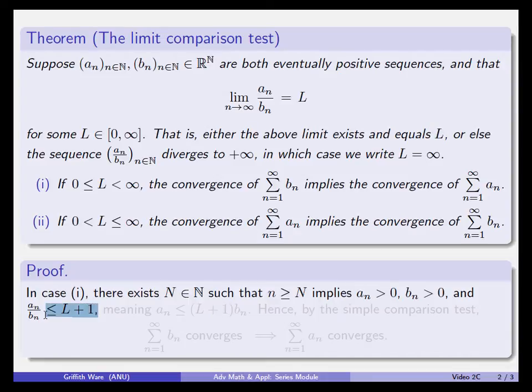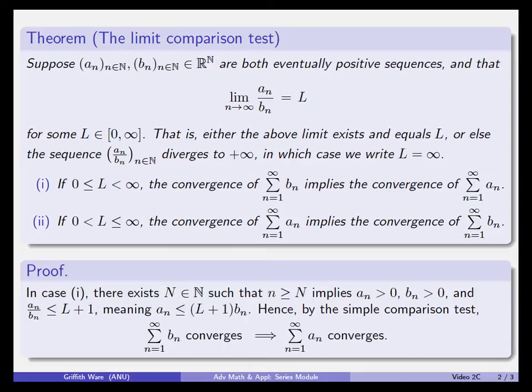And rearranging this fraction, we get that the terms An must be less than or equal to the terms Bn multiplied by the constant value L plus 1. So now we're in a situation where these Ans are all greater than or equal to 0 and are all less than or equal to L plus 1 multiplied by the terms Bn.